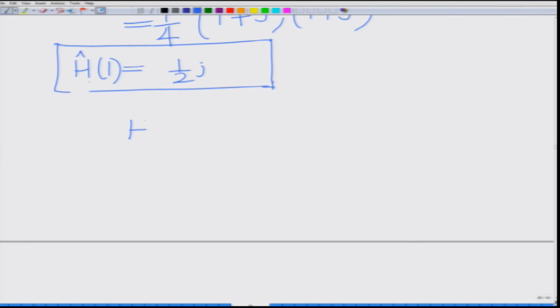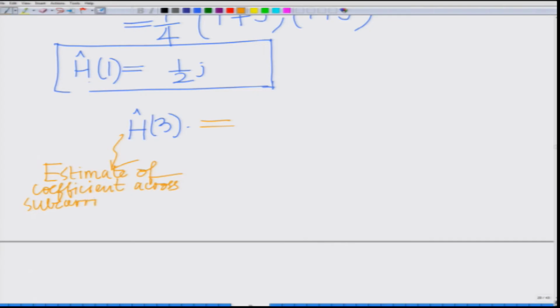Similarly, we can calculate the estimate capital H hat 3 across subcarrier 3, the estimate of the channel coefficient across subcarrier 3, and this is equal to Y3 divided by X3, and once again from above we know both capital Y3 and capital X3.